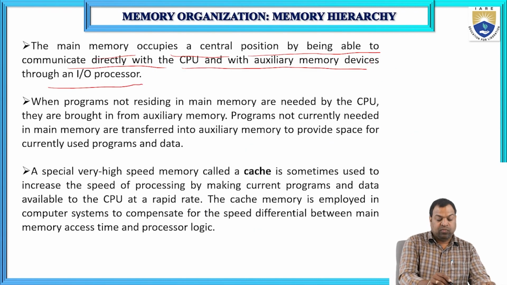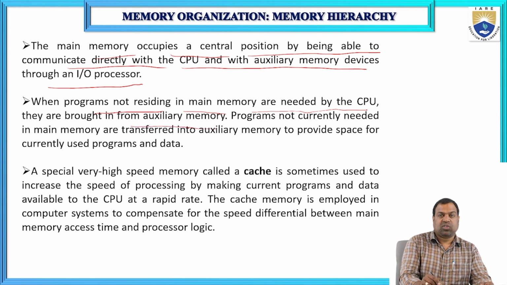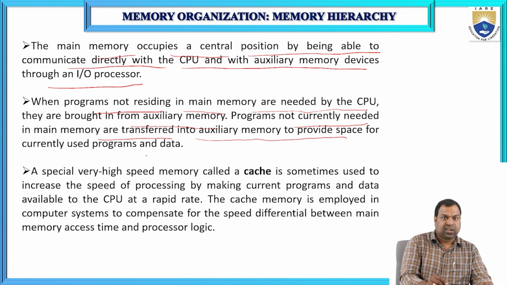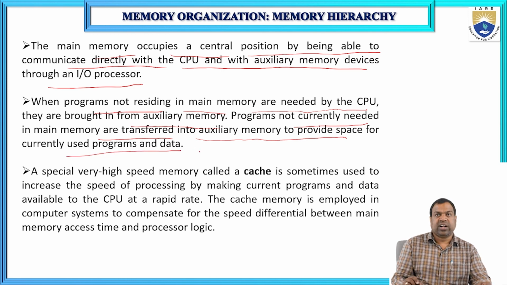When programs not residing in the main memory are needed by the CPU, they are brought in from the auxiliary memory. Programs not currently needed in main memory are transferred into auxiliary memory to provide space for currently used programs and data. When main memory is not available to the CPU to execute the program, we use secondary memory connected to the main memory to execute the program.